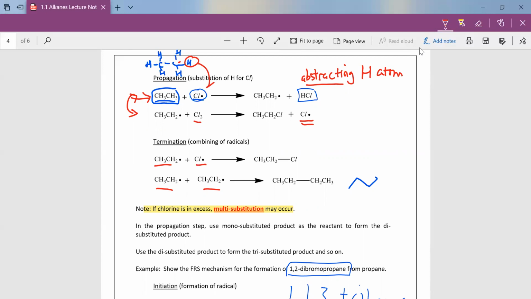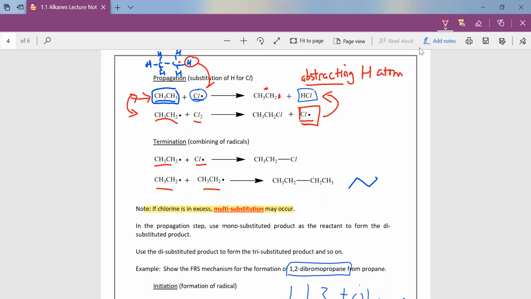Theoretically speaking, it will be more correct to put the lone electron here rather than here. Subsequently, the alkyl becomes a radical, which will then go back and pull out a chlorine atom in the same way. Now we regenerate this chlorine radical and we go back to step one again. That's why the name is called propagation. We will just keep on repeating these two steps again and again.